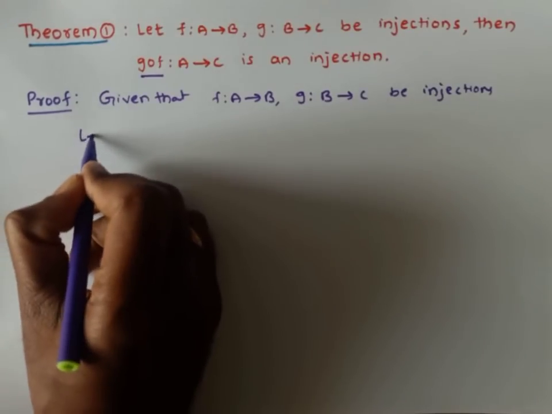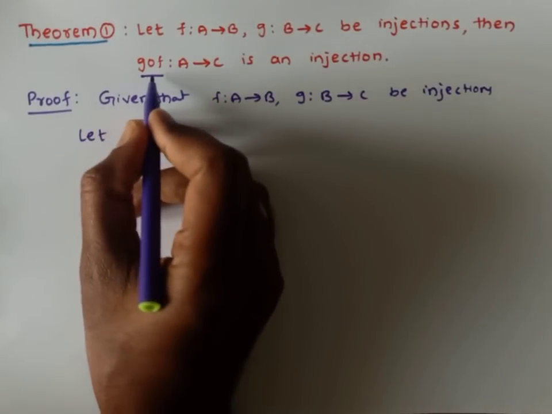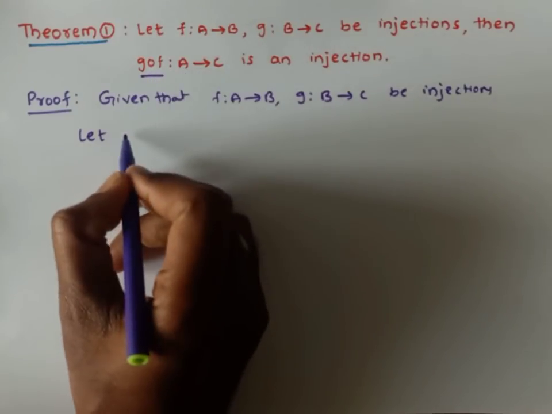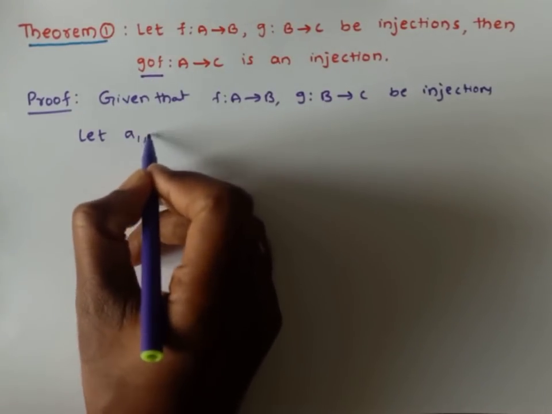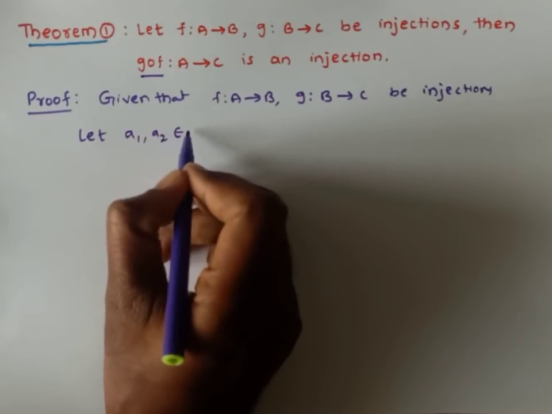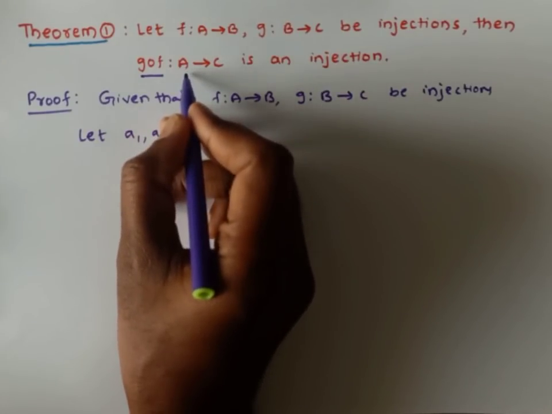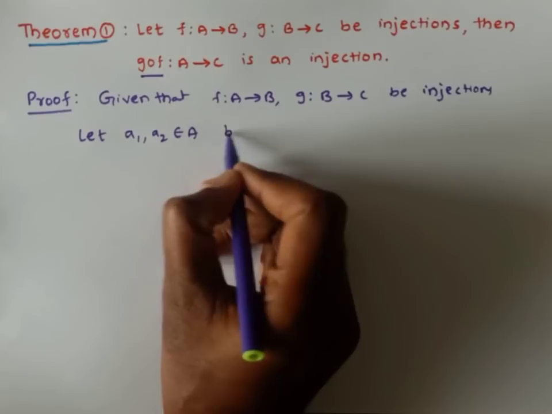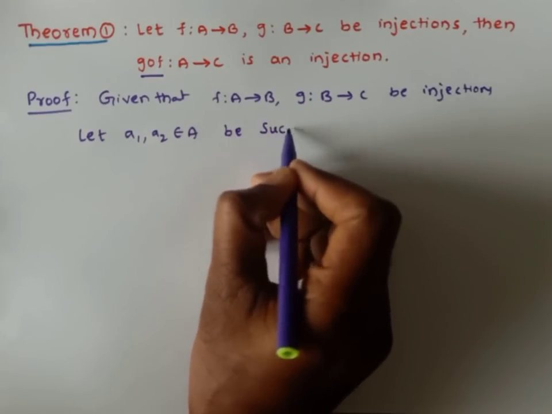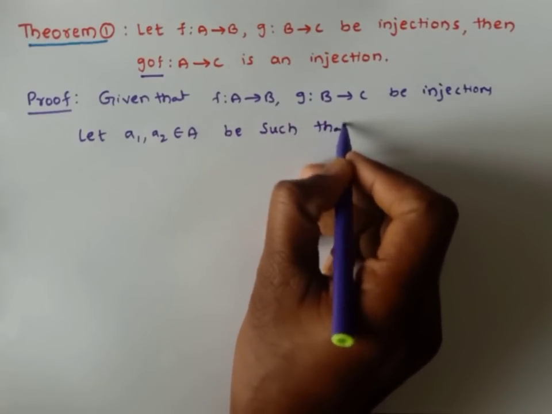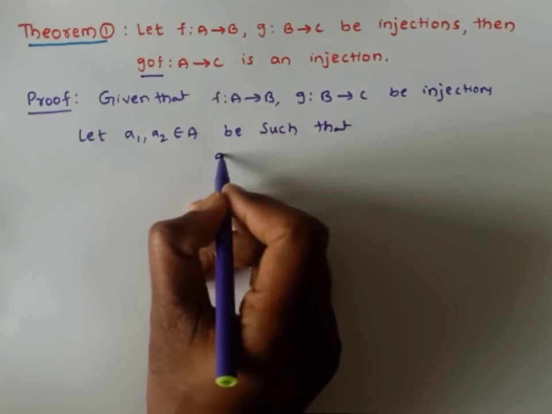So let us consider any two elements from the function g circle f, that is from the input. Let a1, a2 belong to A be such that, let us consider their images.